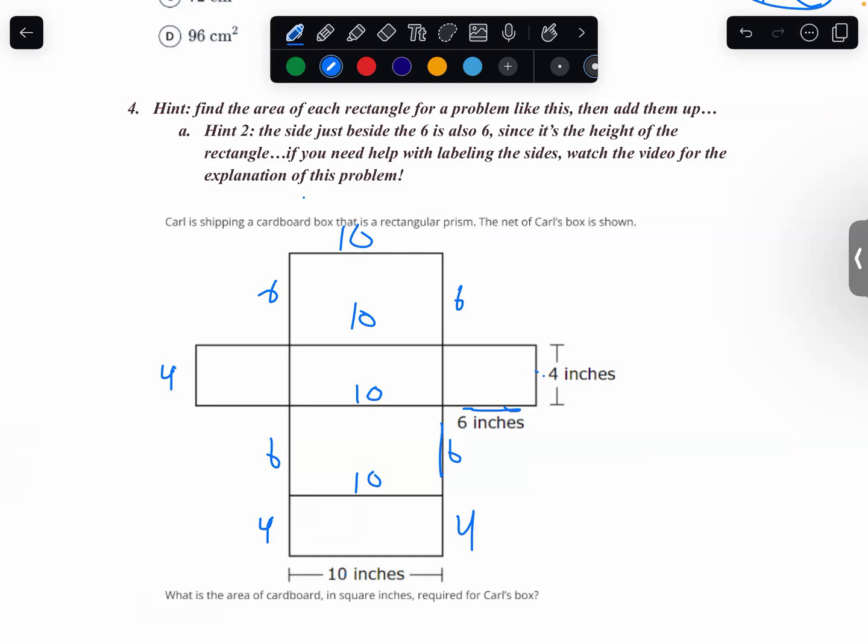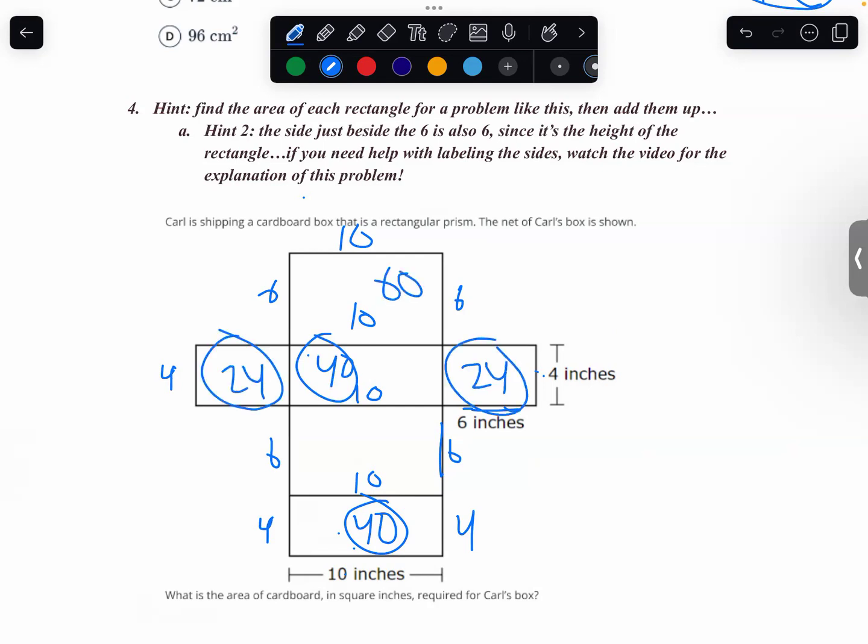So pause the video to make sure you had the labels right and to finish the problem. Okay, so that one's 40. That means if this one's 40, that one is also 40. This one's 24. That one's 24. This one's 60. And that one's 60.